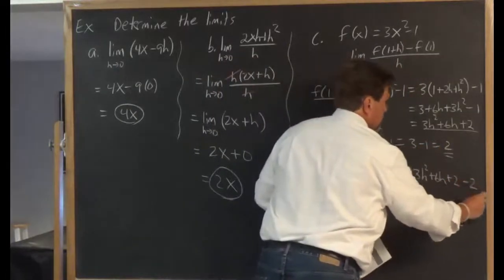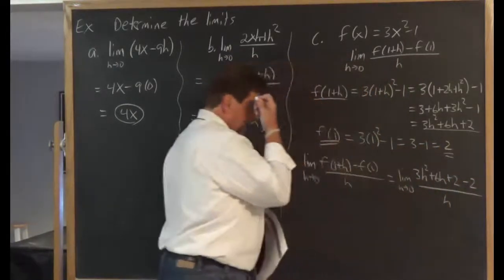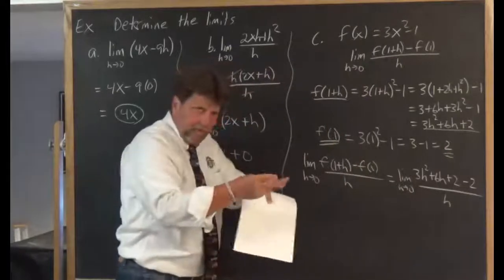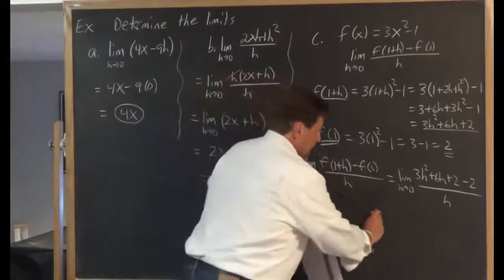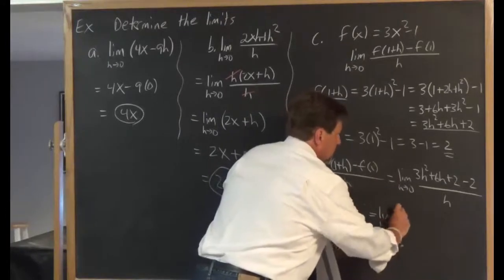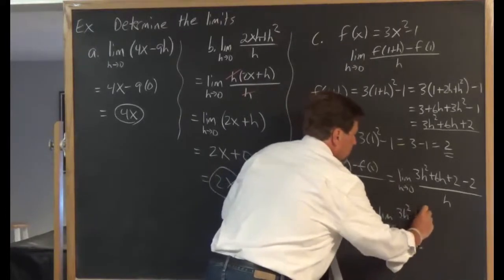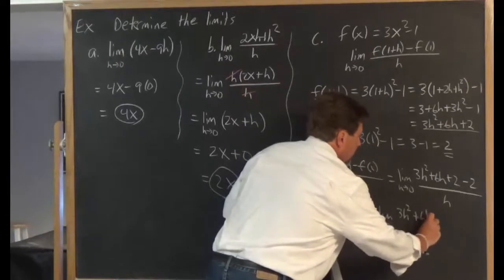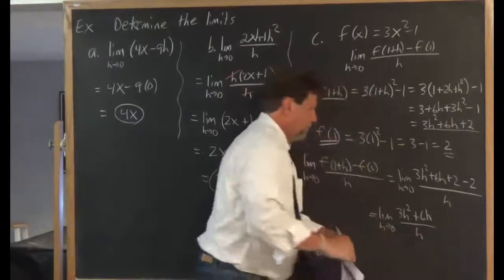F of 1 is 2. And then if I combine like terms in the numerator, the 2's cancel out. So I have the limit as h approaches 0 of 3h squared plus 6h over h.